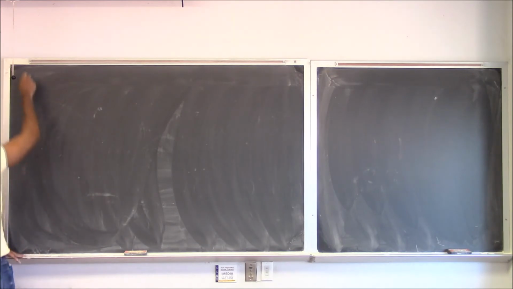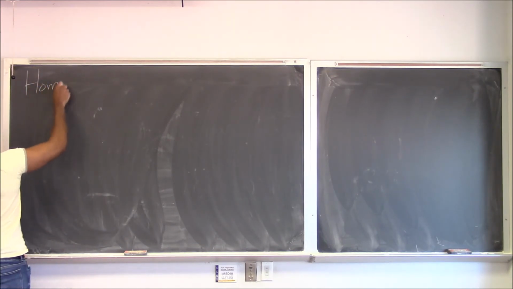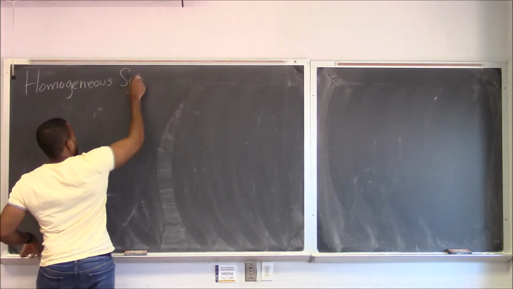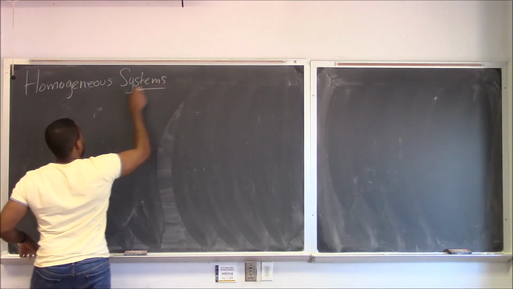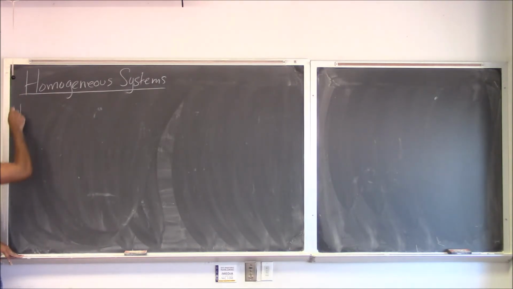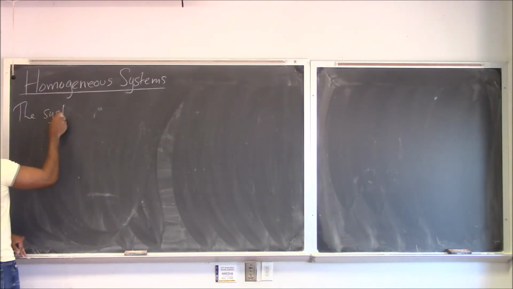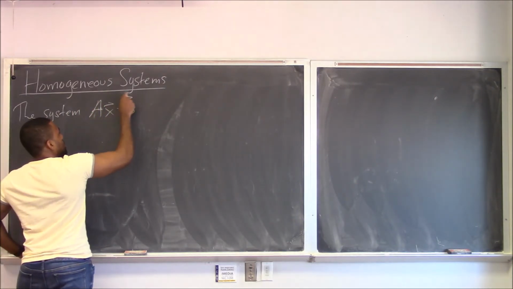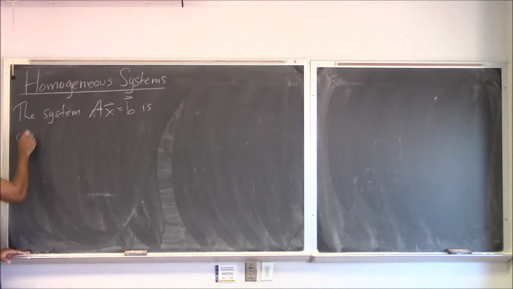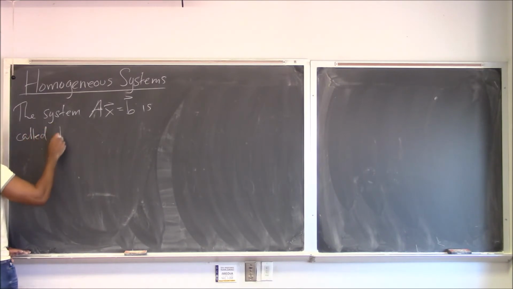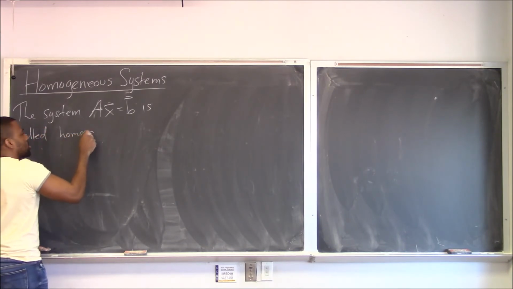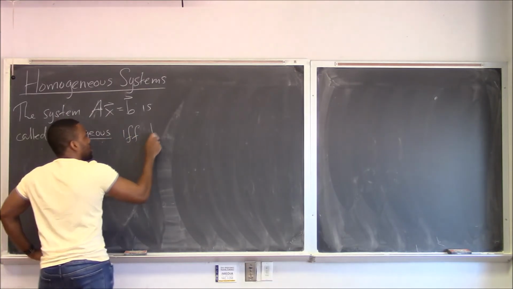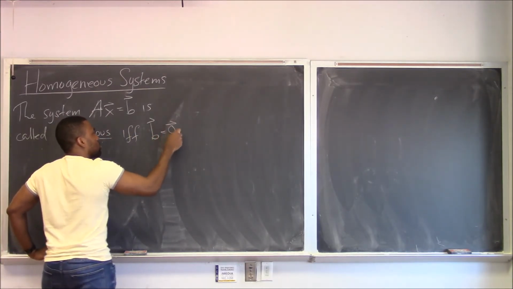We're going to talk about homogeneous systems. The system AX equals B is called homogeneous if the vector B is actually the 0 vector.